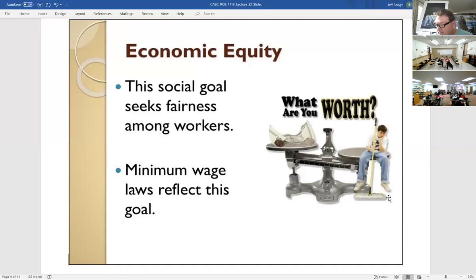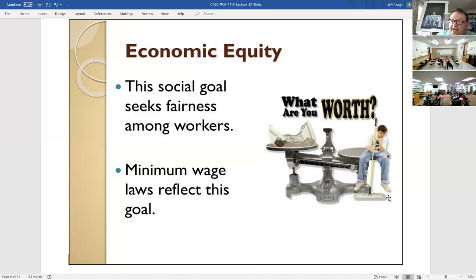The waves of reform began during the progressive era of the early 1900s, as you can see at the very bottom. The first wave of reform was to stop corrupt business practices. So you'll want to know that. Stop corrupt business practices.